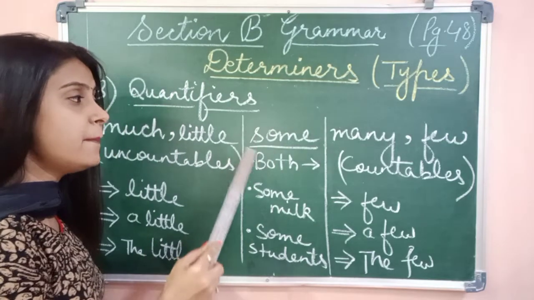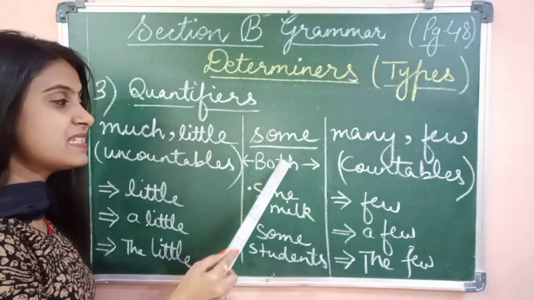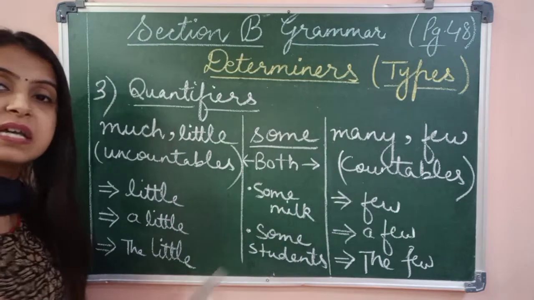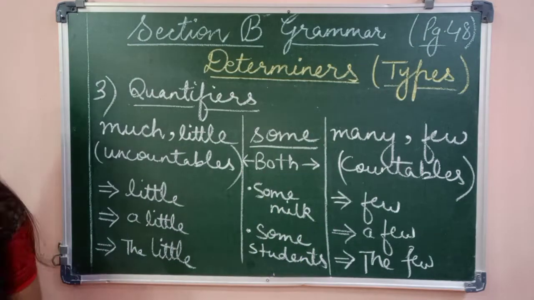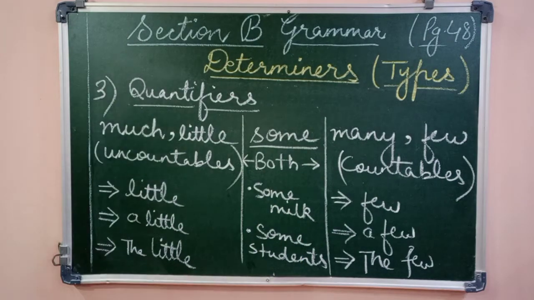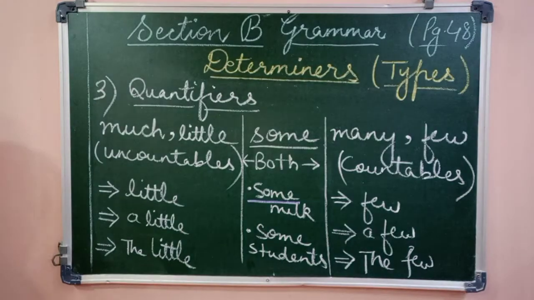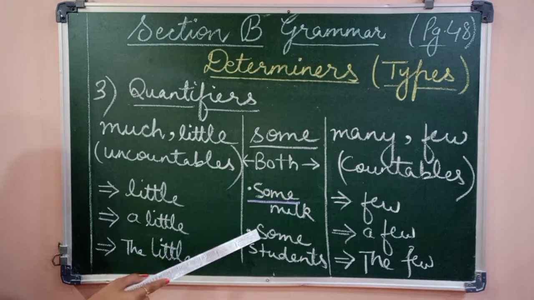Now, some is a quantifier that is used with both uncountable and countable nouns. For example, some milk. Now, can milk be counted? No. So we have used some with the uncountable noun, that is milk. Some students.